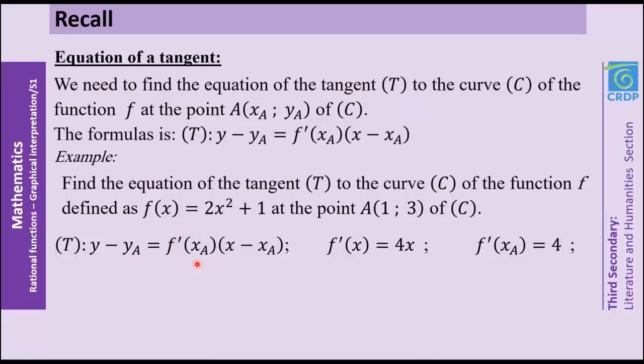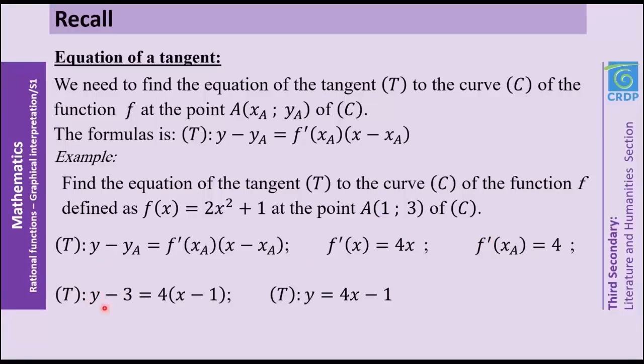To get f prime of x of a, we have to find f prime of x. For this example, f prime of x is 4x. For f prime of x of a, we substitute x by x of a, which is 1. So f prime of x of a is equal to 4.